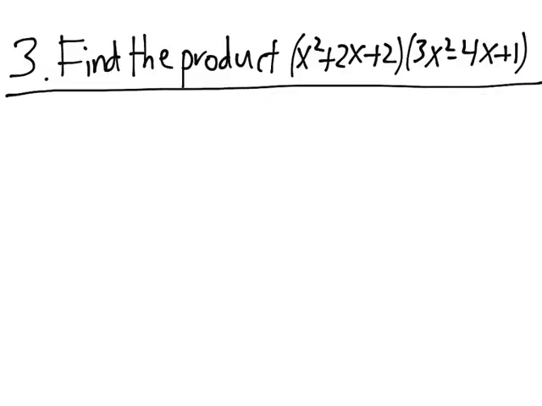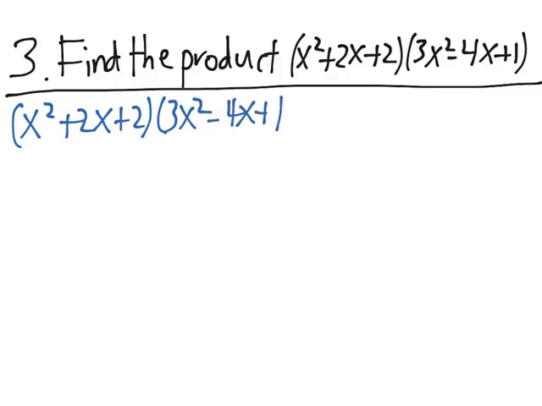Problem 3. Find the product (x squared plus 2x plus 2) times (3x squared minus 4x plus 1). First let's write this out. (x squared plus 2x plus 2) times (3x squared minus 4x plus 1). Now using the distributive property, let's split up the left side.